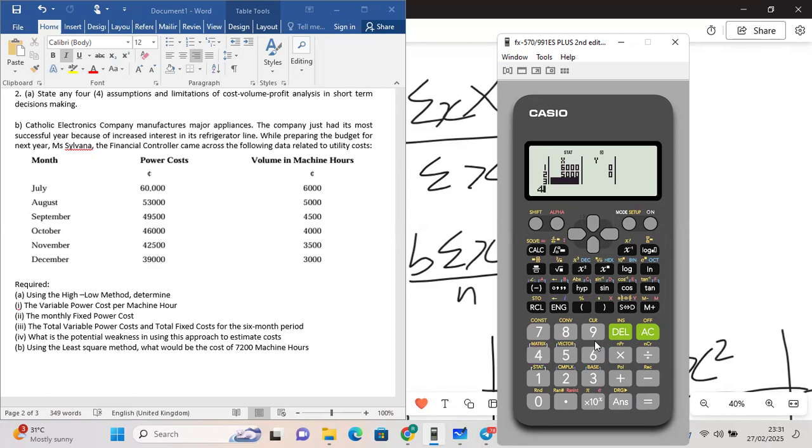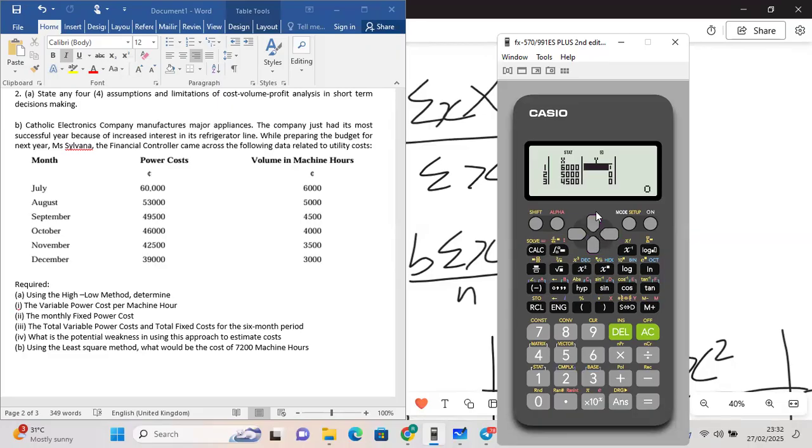Just press enter after that, 4,500. On your calculator you press equal to, but on the machine I'm pressing enter. 4,000, enter, 3,500, enter, 3,000, enter. And I'm done with that one.